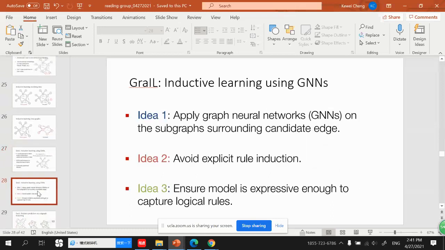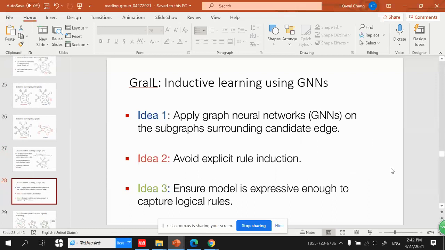And then the basic idea of the proposed method is inspired by the first paper we just introduced. The basic idea is that it will apply the GNN on the subgraph surrounding the candidate edge.